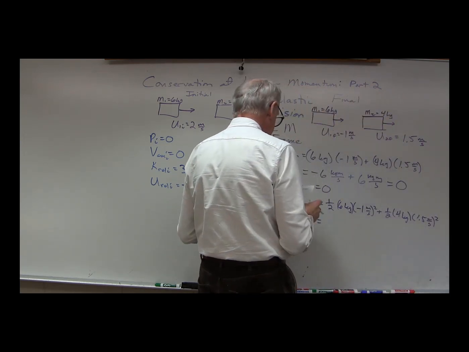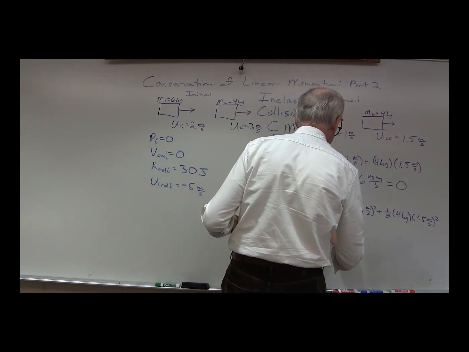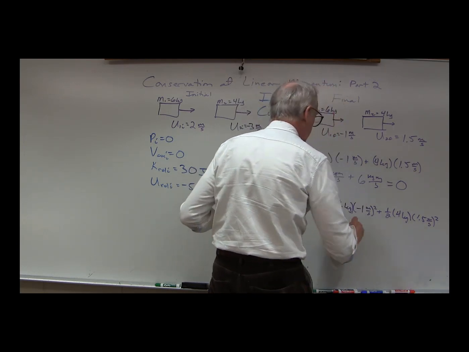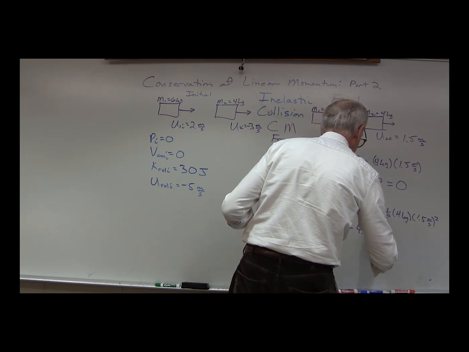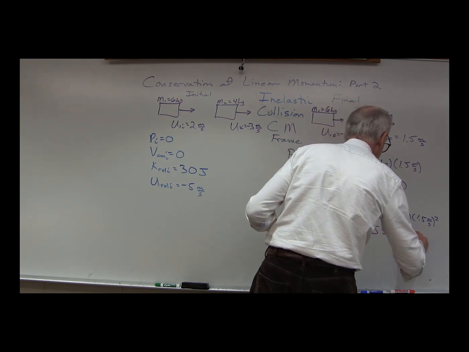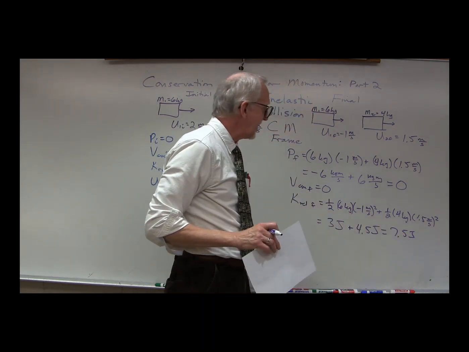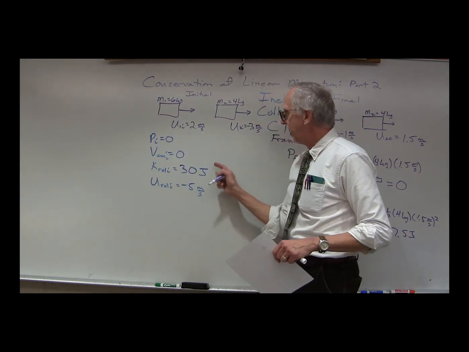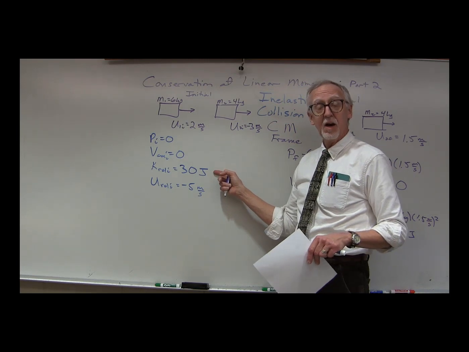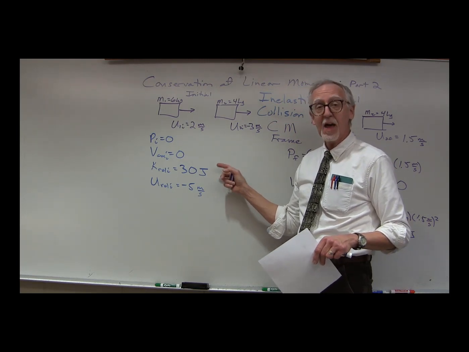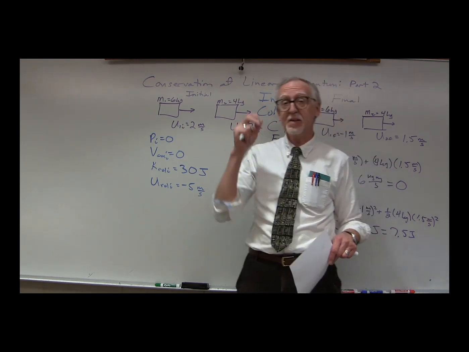Multiplying this out, we have 3 joules plus 4.5 joules, which is 7.5 joules. Now notice, 7.5 joules is less than the initial relative kinetic energy. So what's happened? We have lost relative kinetic energy.